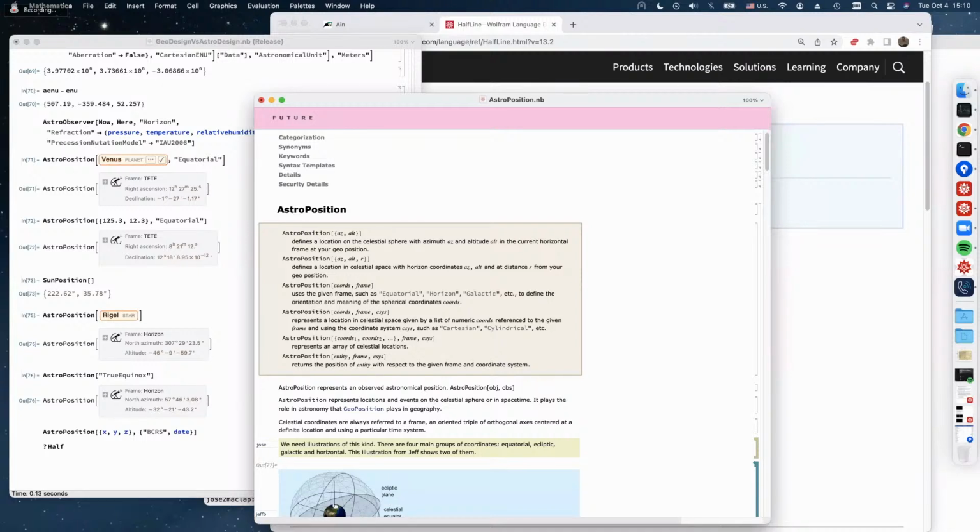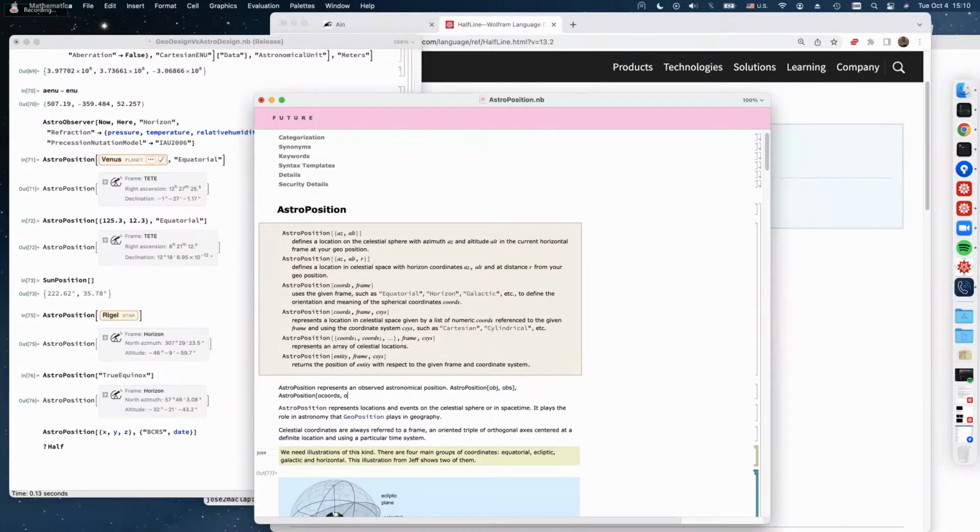Another possibility is that it is astroposition of, let's call them O coords, OBS. Not just coords, O coords. Because that's what it is. It's the observer's coordinate system, the coordinates that the observer is using to describe the object.